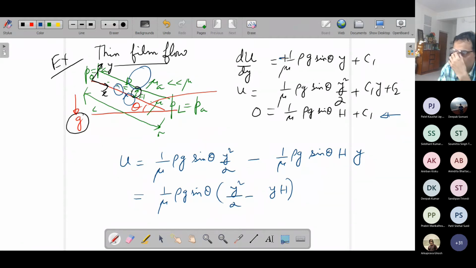So recall that 0 is equal to mu d2u/dy2 plus rho g sine theta, right? So from there, if you take it on the other side, that will be minus. So in that way, only this algebraic correction will be there. So this will be minus and this will be plus. So this will be minus.